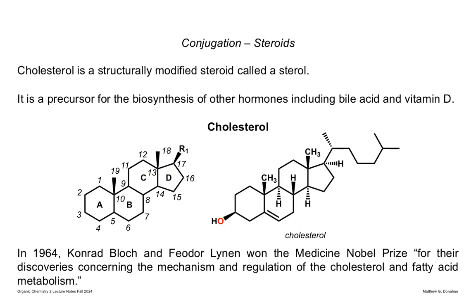So there is cholesterol, as you can see from the steroid nucleus to cholesterol. There's been some modifications of the carbon backbone at position 3 here. We now have a secondary alcohol. You see the stereochemistry along the backbone here.